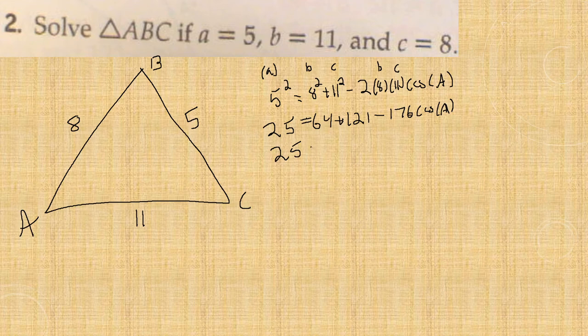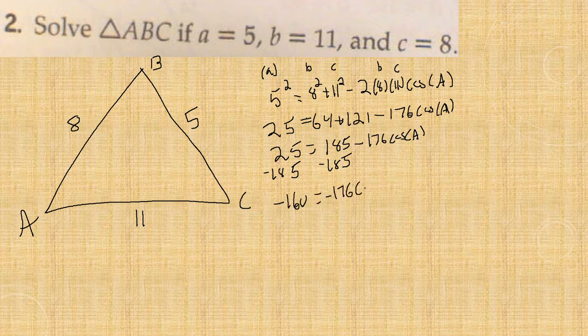So 25, 64 plus 121 is going to be 185, minus 176 cosine of A. And then subtract this from both sides because I want to get A by itself. So it's going to be negative 160 is equal to negative 176 times the cosine of A.